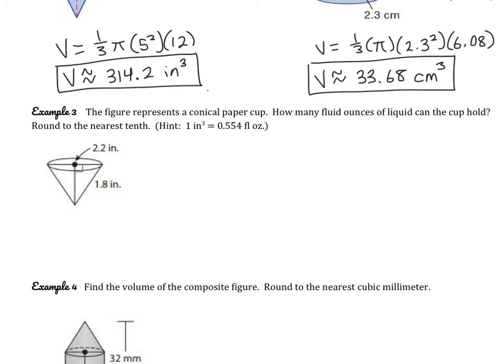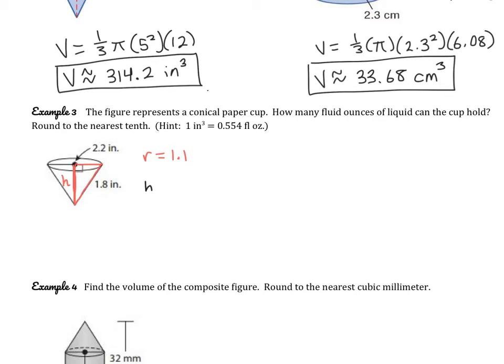So to do that, we do need to start by deducing what the radius is. So we are given a diameter of 2.2, which means that our radius is 1.1. And then for the volume formula, we also need to know the height, which is this perpendicular height. What we are given here is our slant height. So we're going to have to use this right triangle to help us find the height of our cone.